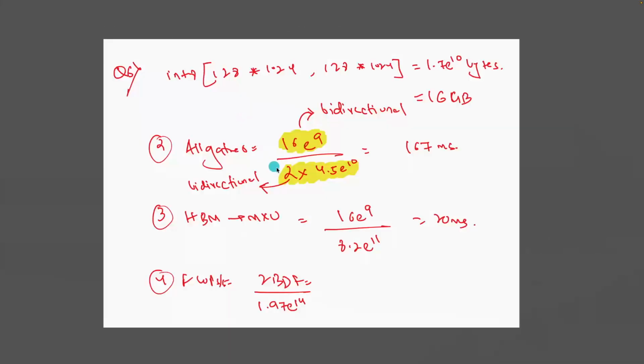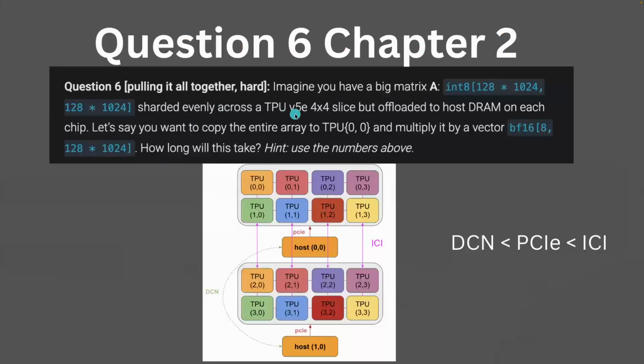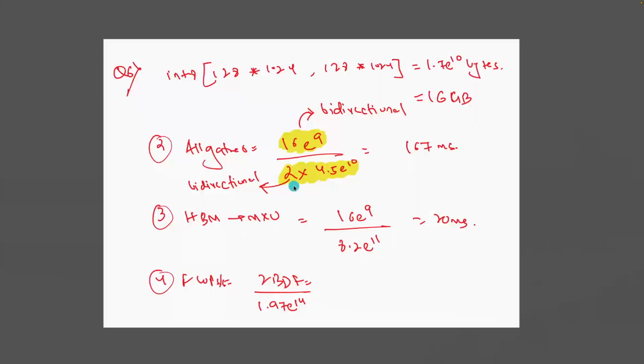So for bidirectional, this 4.5 into e to the power 10 is the bandwidth for the TPU V5 E architecture, and this is doubled with bidirectional. We have 16 gigabytes and this much bandwidth, and it will take this much time for all gather, which is the fastest way to gather.